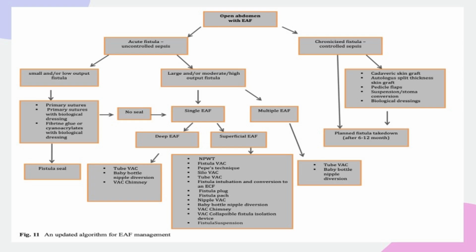Accordingly, updated algorithm for the management of enteroatmospheric fistula (EAF) in patients with an open abdomen. The approach is tailored based on the presence of sepsis and the characteristics of the fistula. Acute fistula with uncontrolled sepsis. For small and or low output fistulas, primary interventions include sutures, fibrin glue, or biological dressings. For large and moderate to high output fistulas, if sealing is possible, options include vein therapy, tube fistulostomy. For deep EAFs, advanced techniques like fistula plugs or VAC-based therapies are recommended.